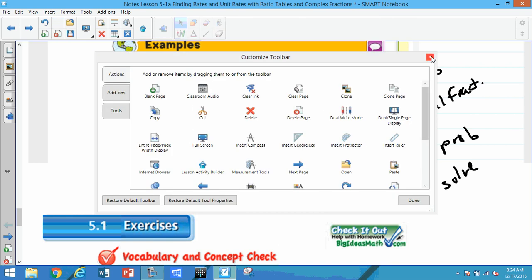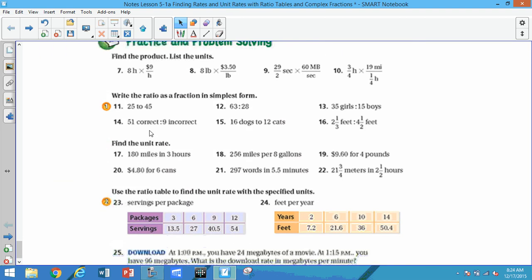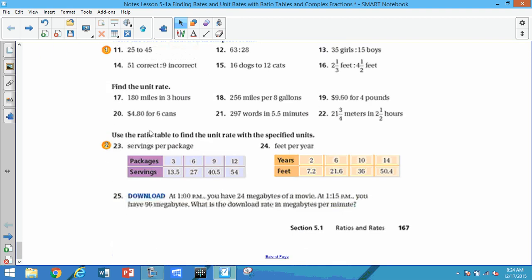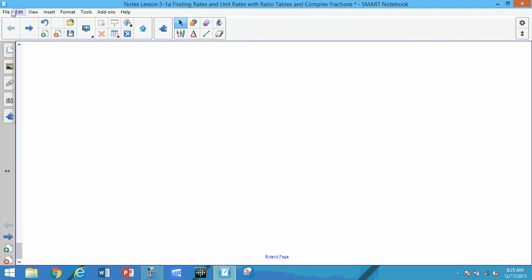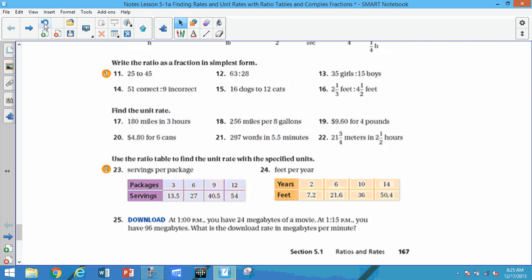I don't know what that was. Okay, not quite sure. Where did my stuff go? I'm missing things. Where are they?